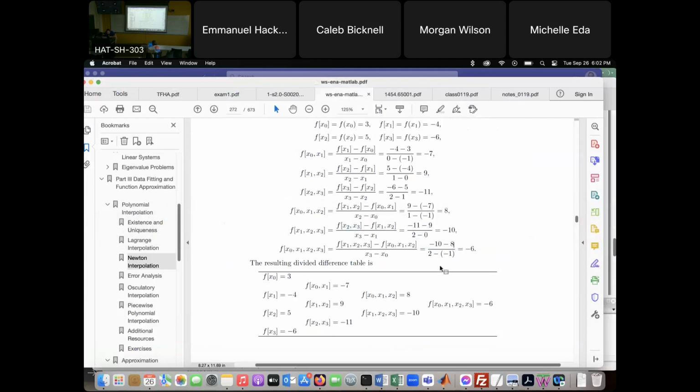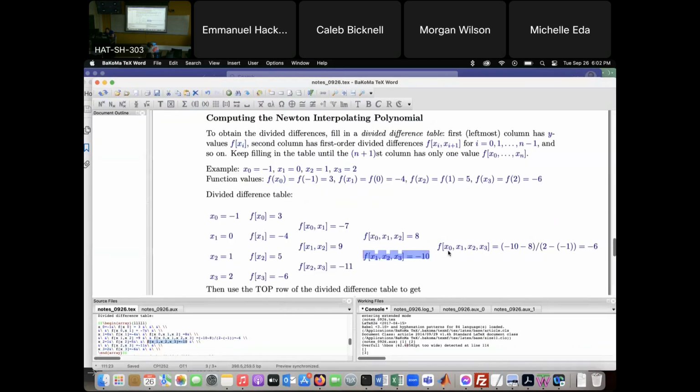And then finally, for the last divided difference, way out here, f of x naught, x1, x2, x3, I take the one immediately to its left, so minus 10, minus 8, and then that's divided by the difference of the 2 x values they don't have in common. Notice they share x1 and x2, so you're going to divide this by x3 minus x naught, so divided by 2 minus 1, and that gives you minus 6.